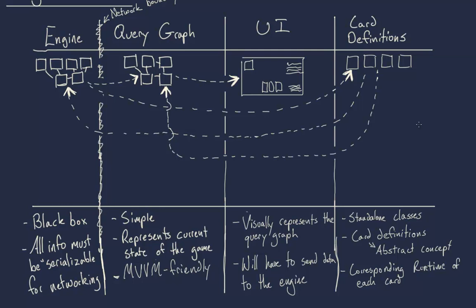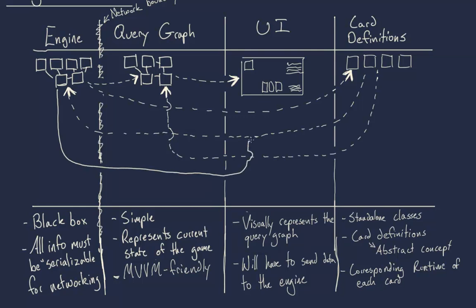It's going to shoot off a DTO, so just a normal serializable class with some properties on it, asking the UI something. And it's going to be something like, what ability do you want to activate? Or do you have any responses for the ability that another person just activated? Or what creatures do you want to tap to attack? Or what creatures do you want to use to block?